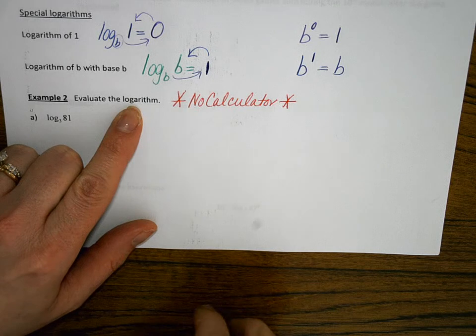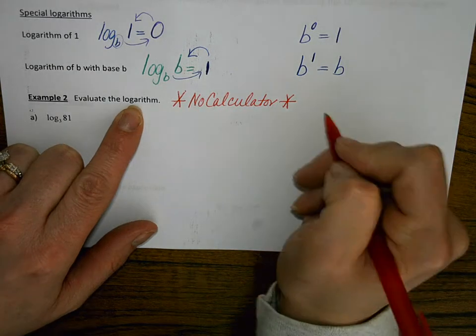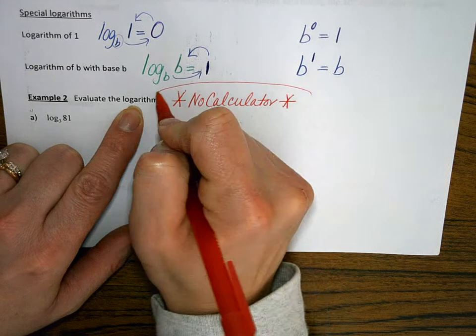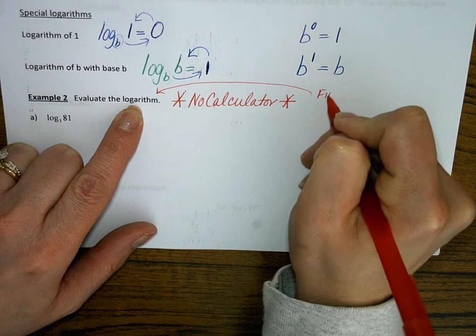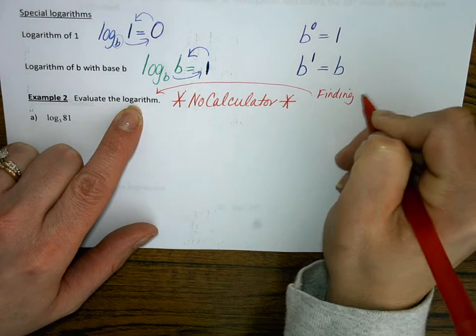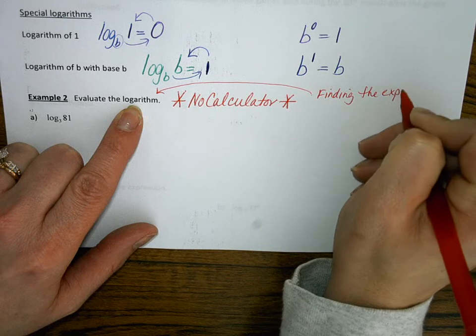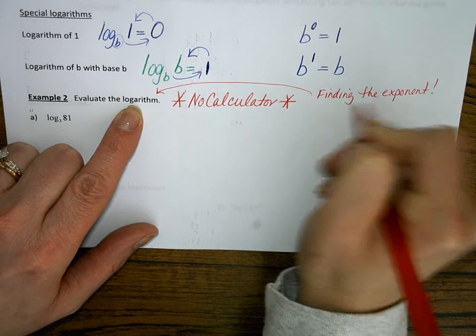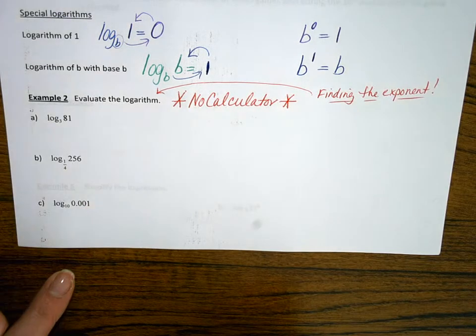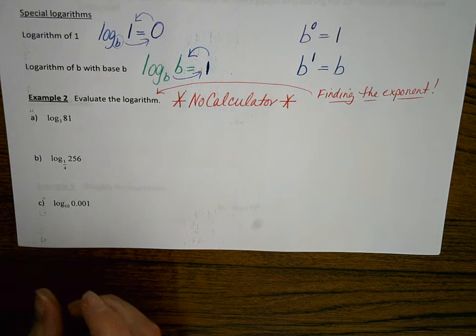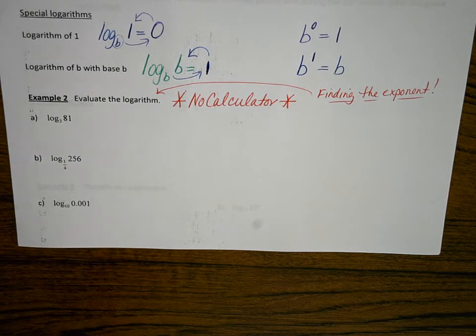When I'm finding a logarithm, what am I finding? The exponent. So really, ultimately, what this is saying is that when you're finding a logarithm, you're finding the exponent.